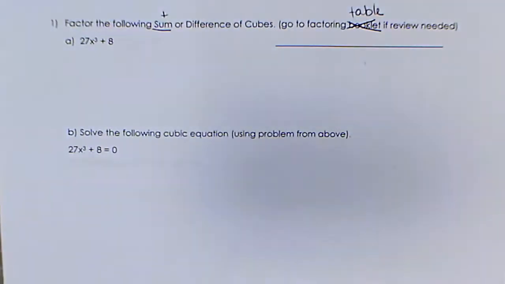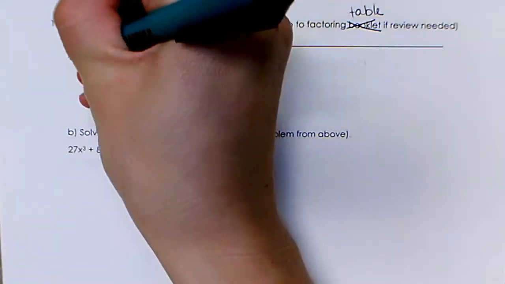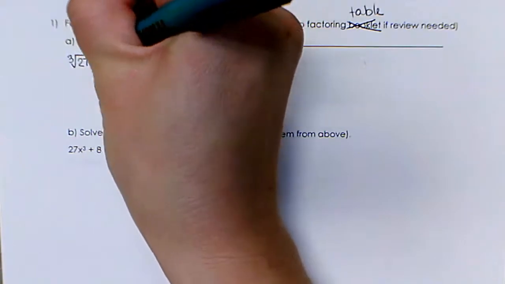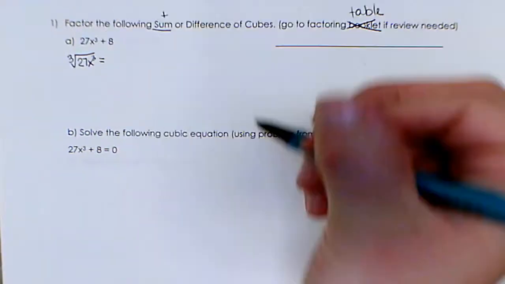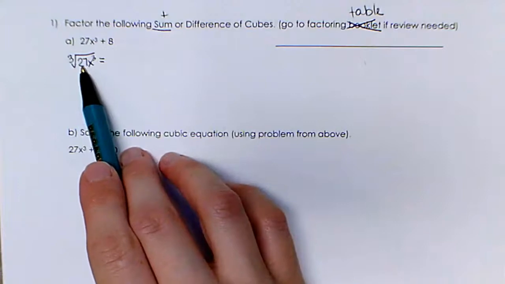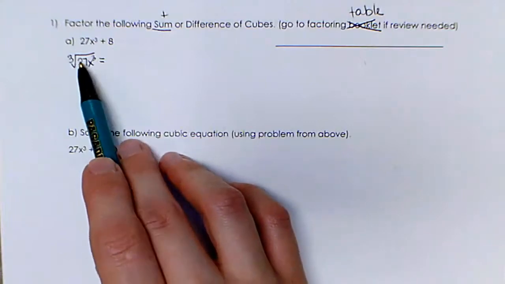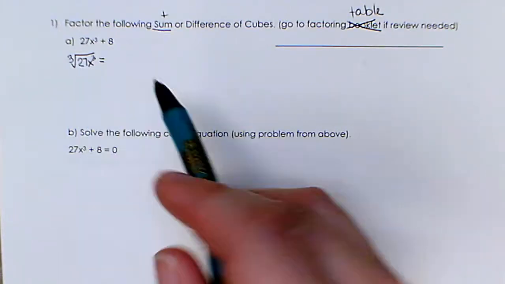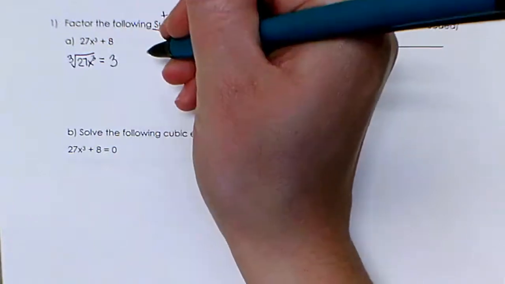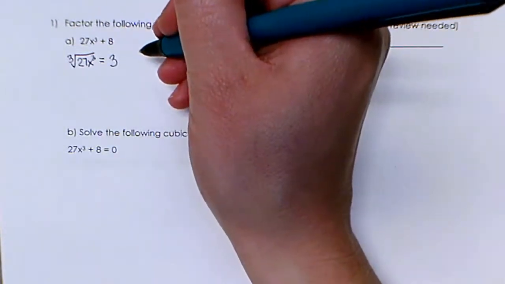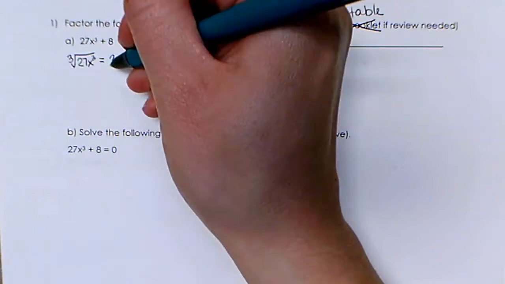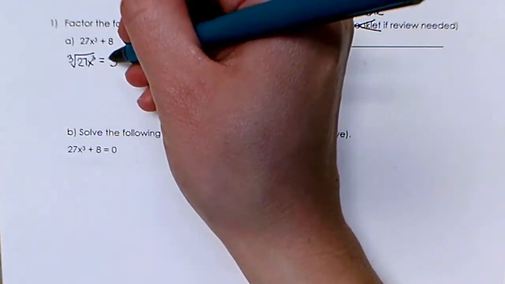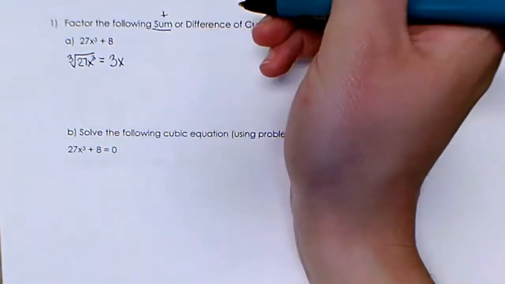Now let's go ahead and calculate the cube root of 27x cubed. Well, what's the cube root of 27? What times itself 3 times will give me 27? That would be 3. 3 times 3 is 9, times another 3 is 27. And then the cube root of x cubed kind of wipes out the root and the exponent, and you're just left with x.